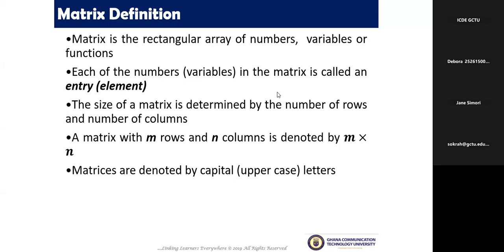So that is fine. It means this class has no problem on rows and columns, because the challenge with rows and columns started from the primary school where the teachers will come and say this row, that row. And so most people tend to follow what the teachers used to say, and so they get confused.